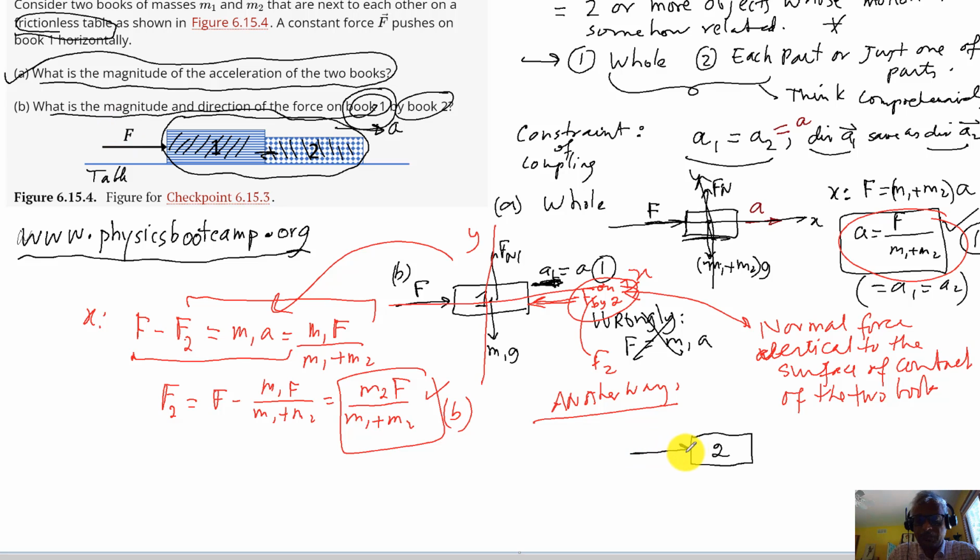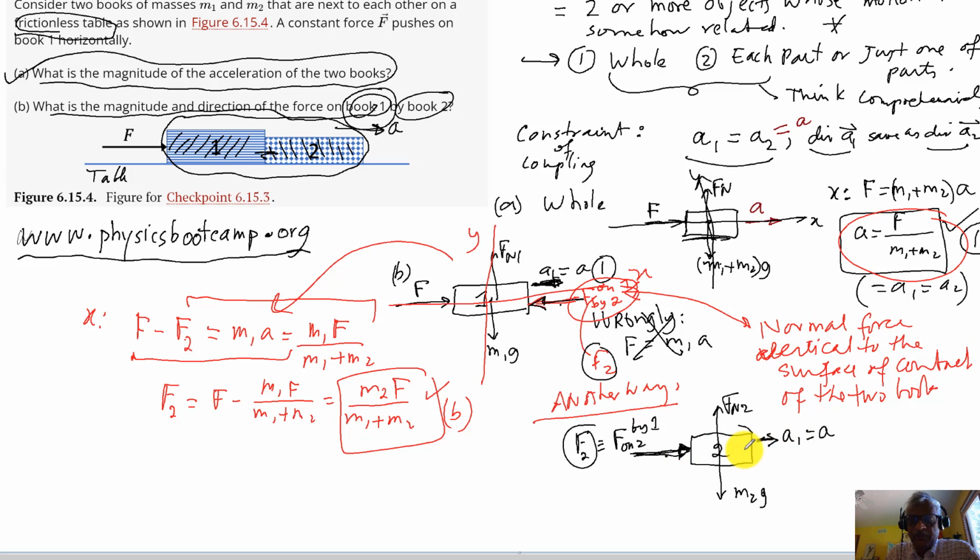Instead, this is the force on 2 by 1, which is the same as F2 in magnitude, with this direction this way and the other direction that way. They're just opposite directions but the same magnitude of force. And weight and normal force, m2g and Fn, are vertical, and these are along the horizontal. As a result, this moves with acceleration A2, which is the same as A.